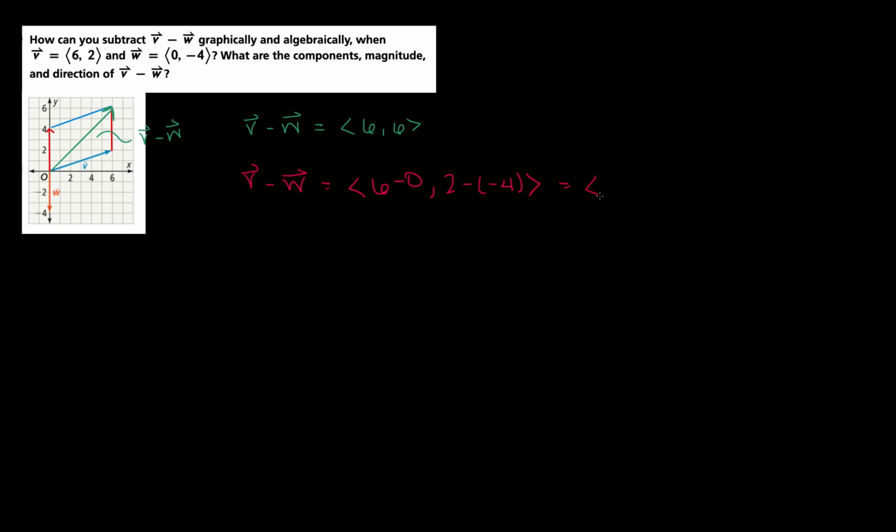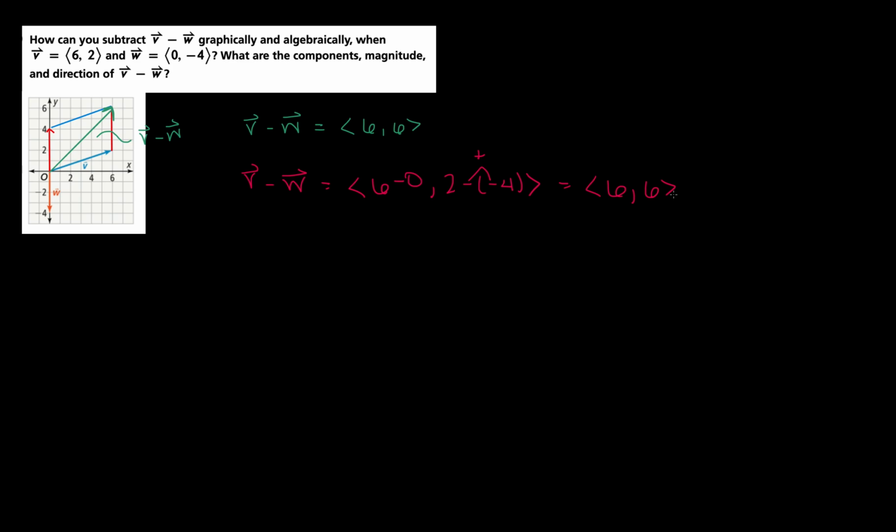And in this case, we're going to have 6, comma, 2 minus a minus, this becomes a plus, so that's going to be 6, 6. So we get the same vector algebraically.